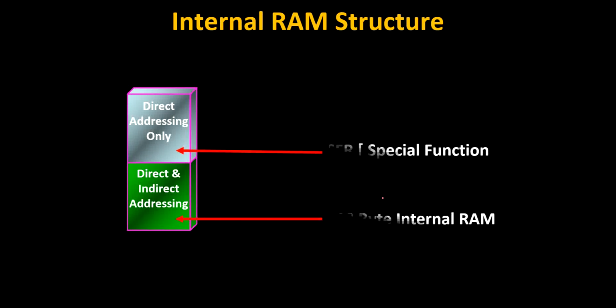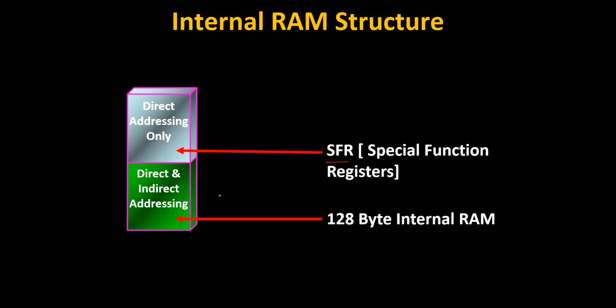So we have the internal RAM structure, with direct addressing and direct and indirect addressing. We can access the RAM memory. So remember, the direct addressing area in the RAM is what we call the special function registers, the SFR registers.